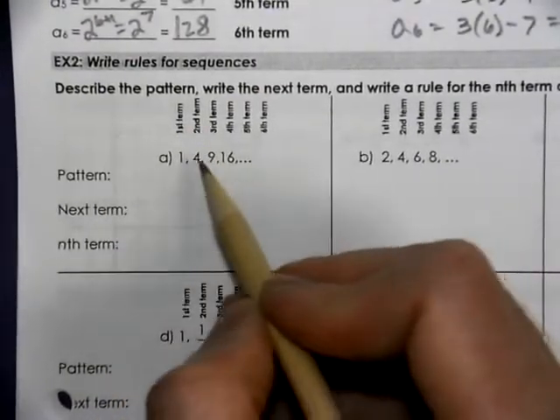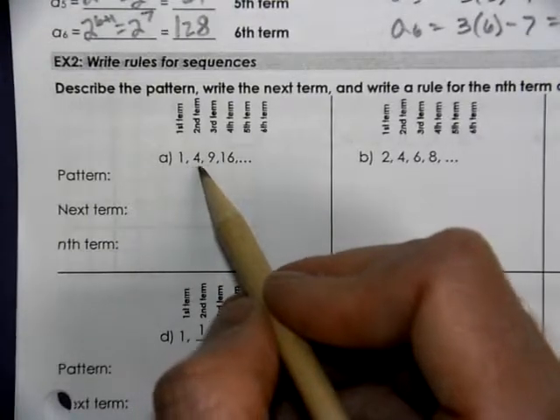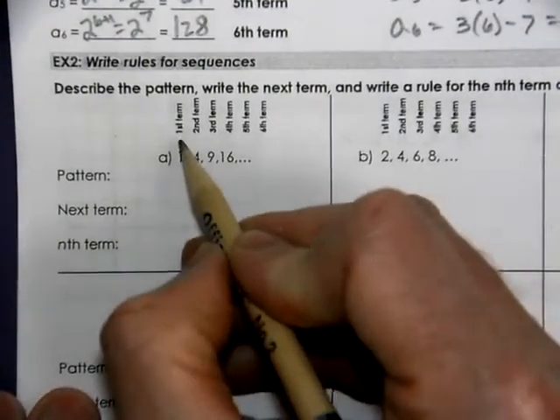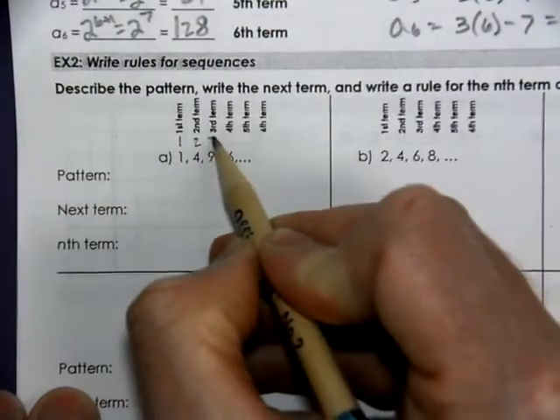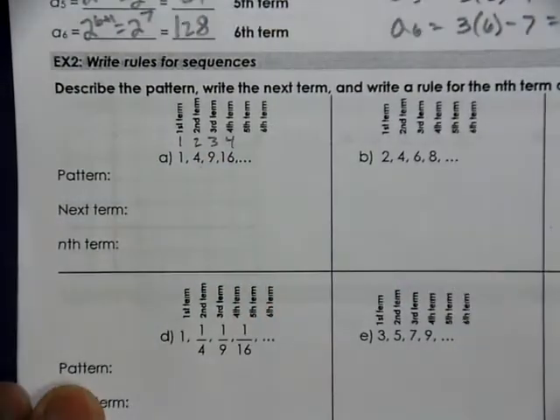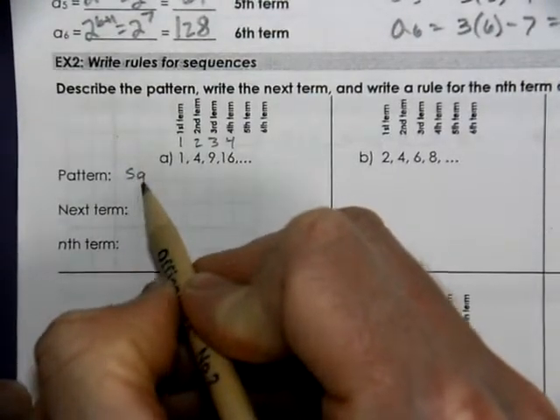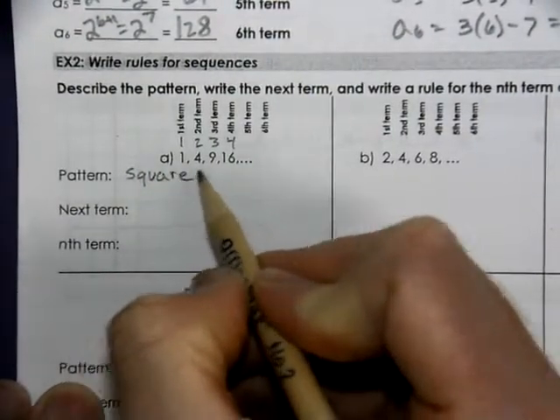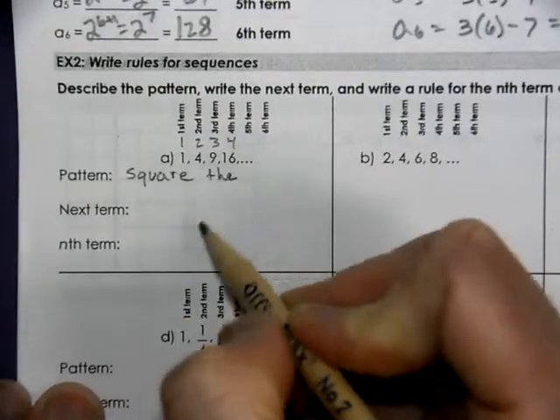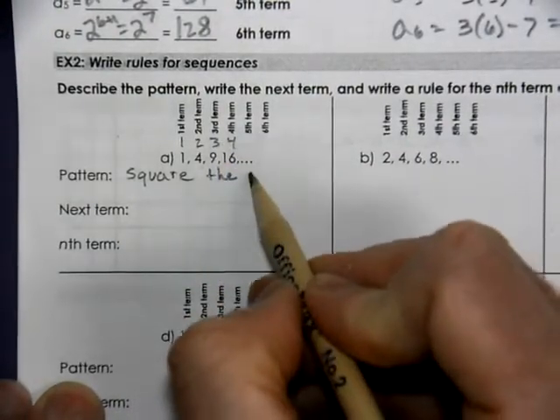So here we're looking for a pattern. We notice this is the first term, the second term, the third, and the fourth term. Our pattern is square the position.